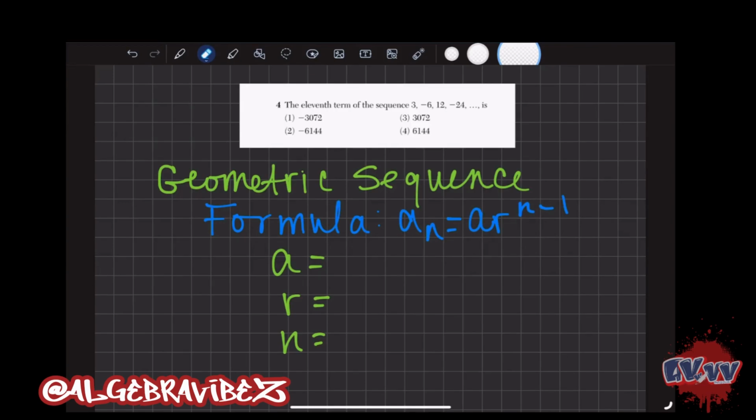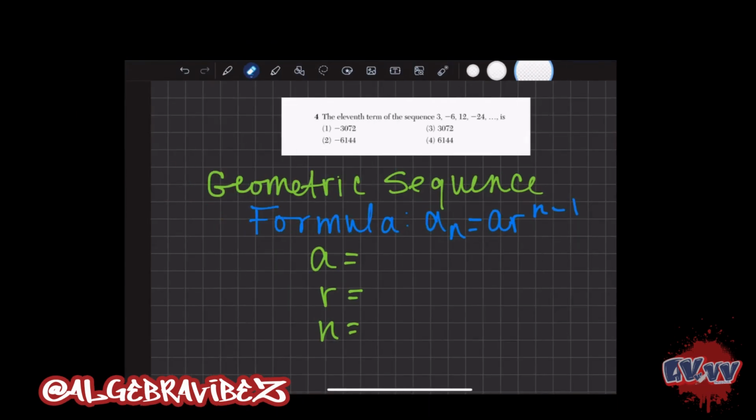So let's go through what a geometric sequence is. When we are at the tail end of everything, we're going to take this piece of the formula and input it just like that into the calculator. The formula is a_n equals a times r to the n minus 1, where a_n is considered the nth term.